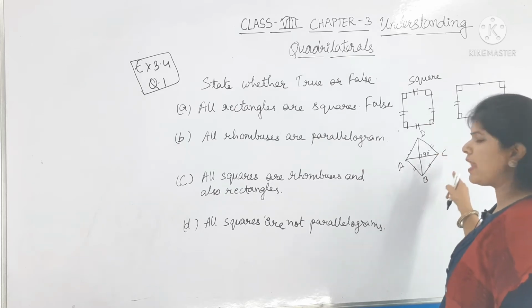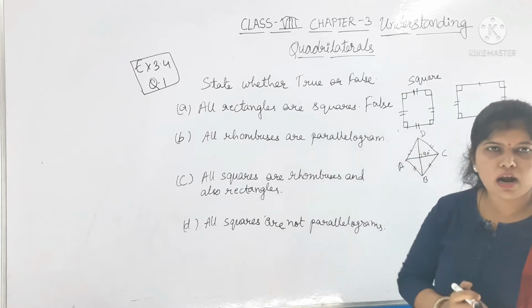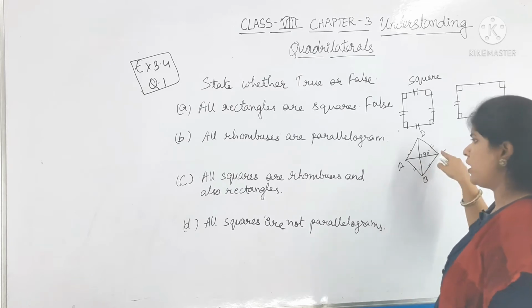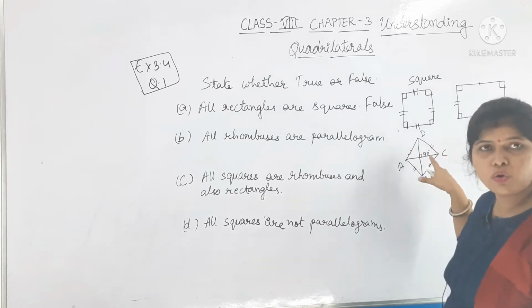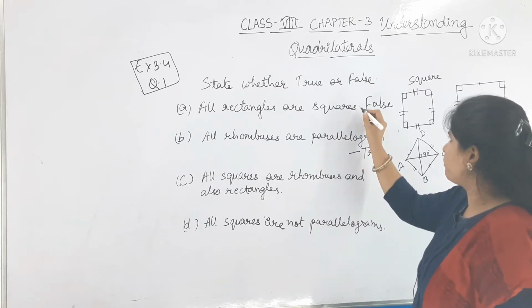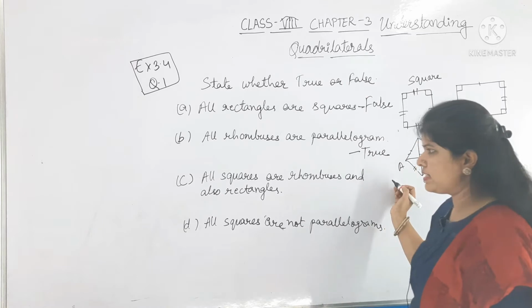So this can be a parallelogram. We know that opposite sides of a parallelogram are equal and diagonals are also equal. So here diagonals are equal and opposite sides are also equal. So this statement is true. Like this you can easily understand.